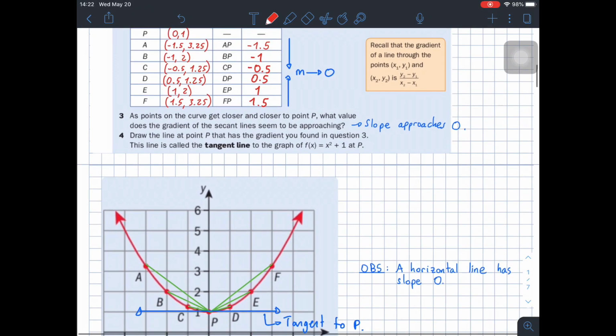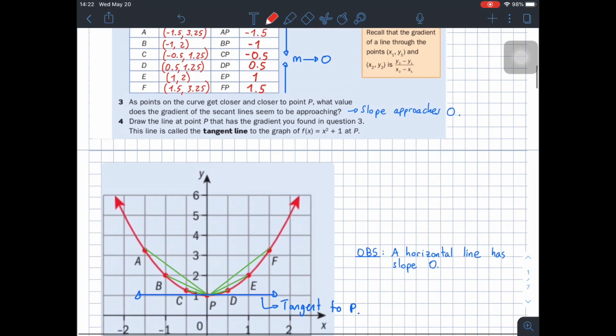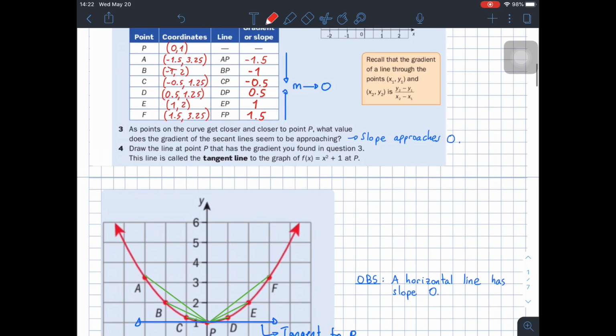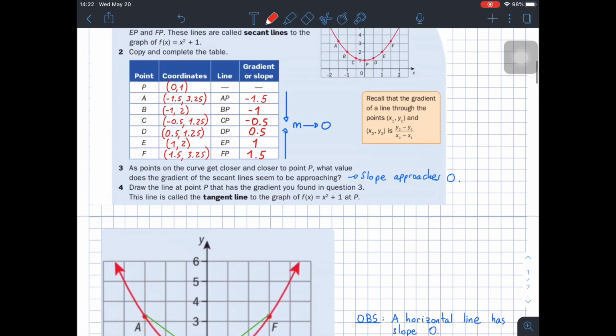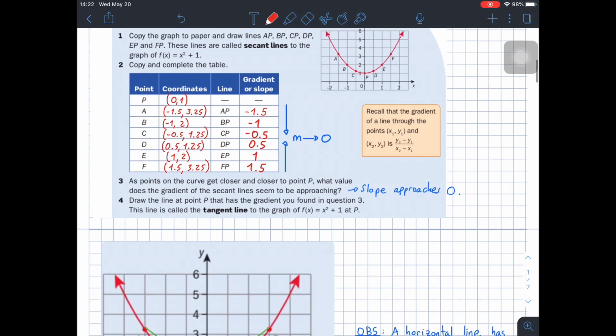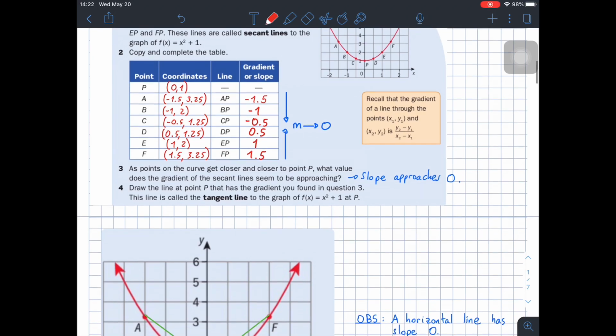By looking at the graph, for example, P is at 0, 1, right? So 0, 1. And we do the same thing for the rest of the points. A is negative 1.5, 3.25, and so on, right? You just observe the coordinates of all the points. And then we form the lines, which are the green lines I already showed you.